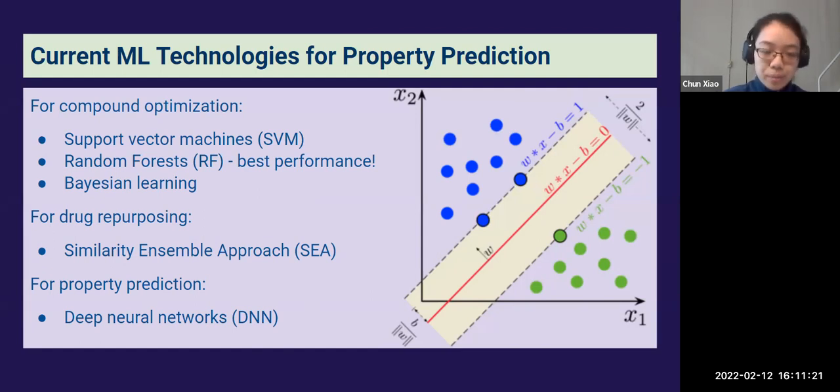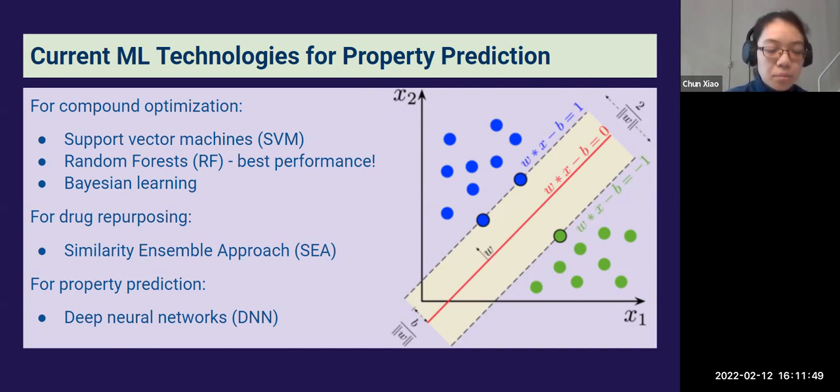Next, for drug repurposing, there's the similarity ensemble approach, SEA, which basically compares existing drugs to an assortment of drugs that already exist, and sees whether or not they are similar enough to potentially be useful. This is a very gross oversimplification, but in my references section, you can read more on these if you find it interesting.